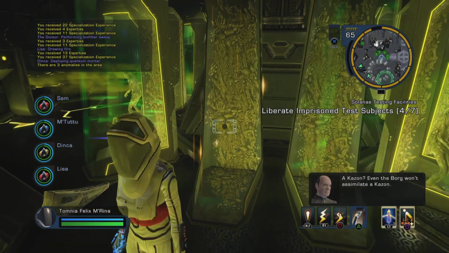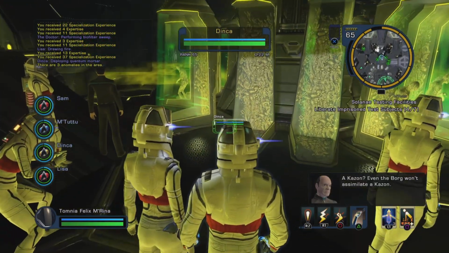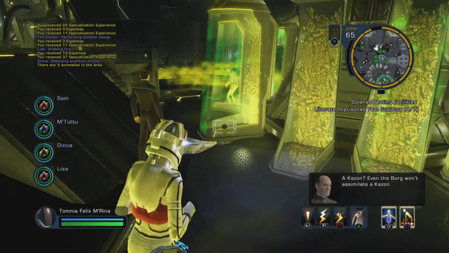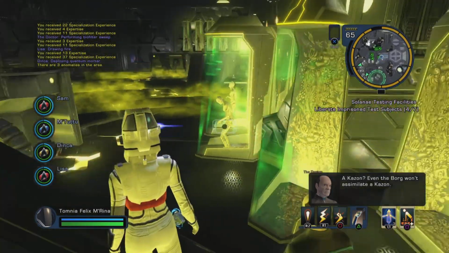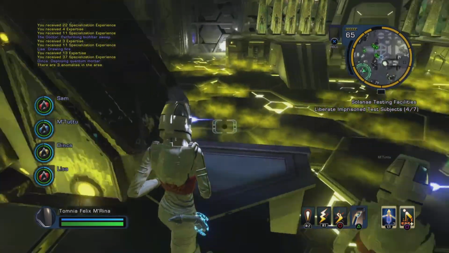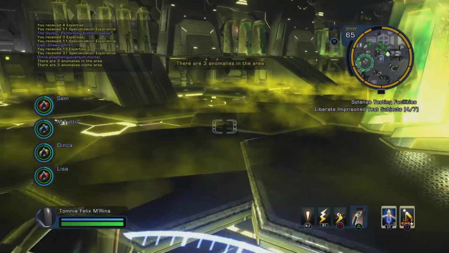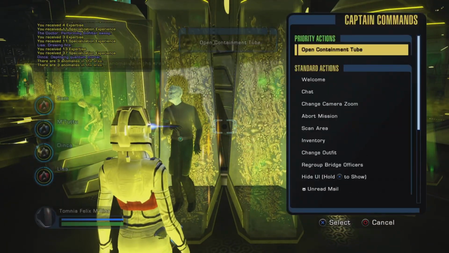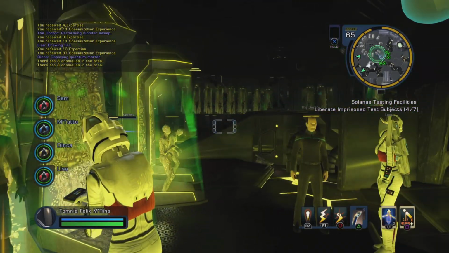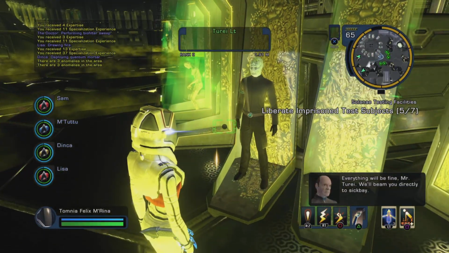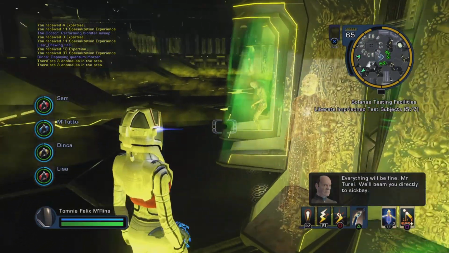A Kazon? Even the Borg won't assimilate a Kazon. Everything will be fine, Mr. Teray. We'll beam you directly to sickbay.